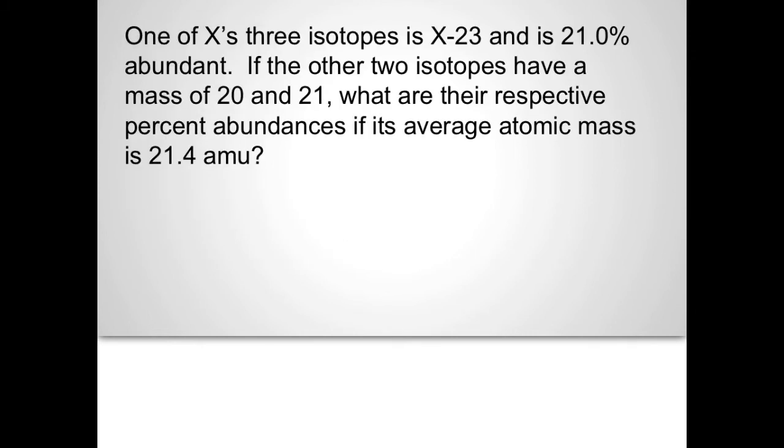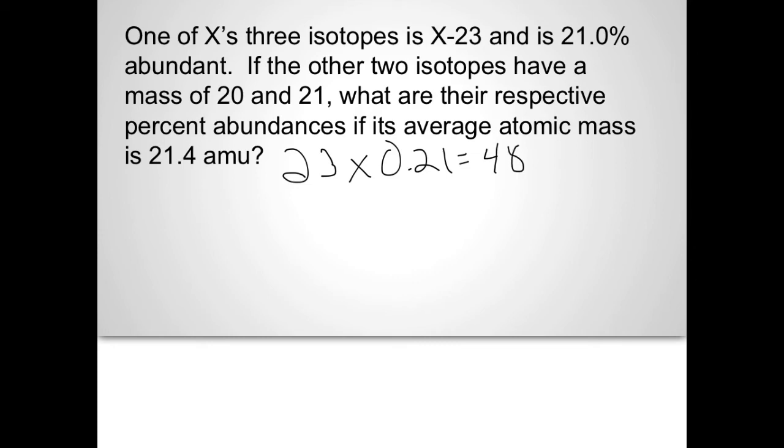All right, so one of the three isotopes of X has an abundance of 21%. The other two isotopes are 20 and 21. How can you figure out their percent abundances if the average atomic mass is 21.4? Okay, so we went over this a little bit in class, but here's what you need to do. First, you calculate the mass contribution of isotope 23. 23 times 0.21 is 4.83.